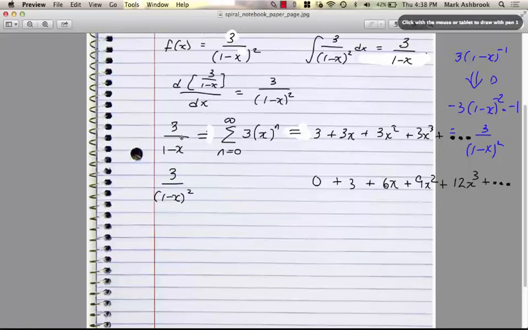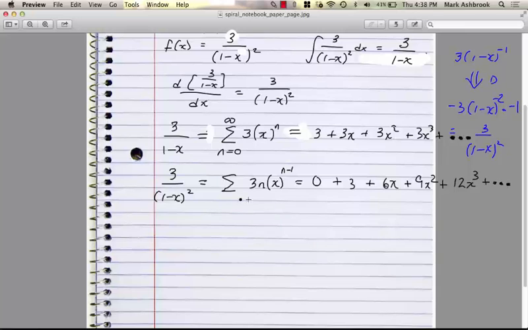Okay, and so we want the derivative of this, and the derivative of a polynomial is easy, and we just did it. So now the question is, what is this? Well, we can take the derivative of a general term. What is the derivative of 3x to the n? 3n x to the n minus 1. But when you do that, you have to adjust your index.